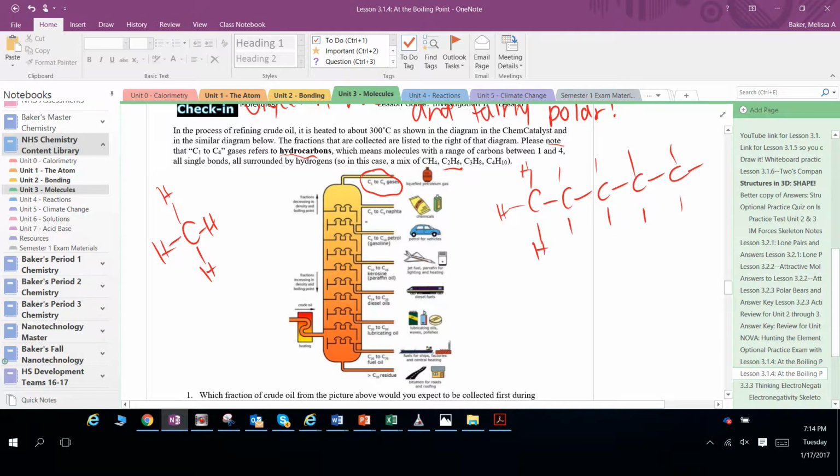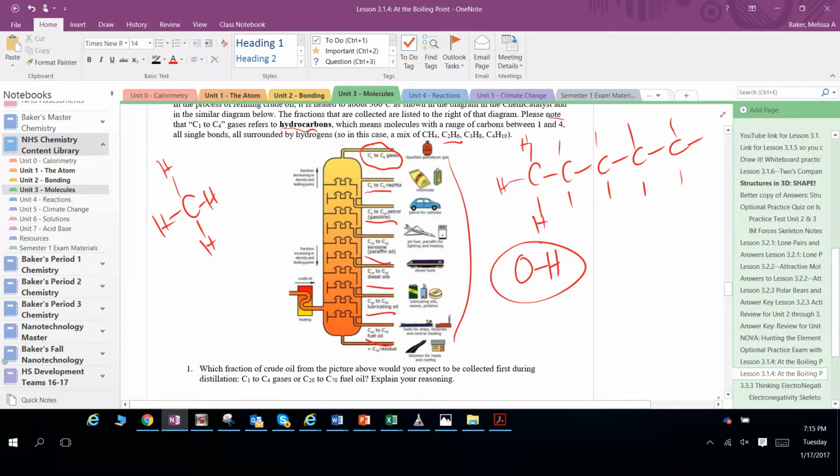So you'll notice the next set is C5 to C9, and they get bigger and bigger as you go down. So none of these have the OH group that we were working with in our lab, but it's similar because size definitely plays a role in what is going to boil out first.